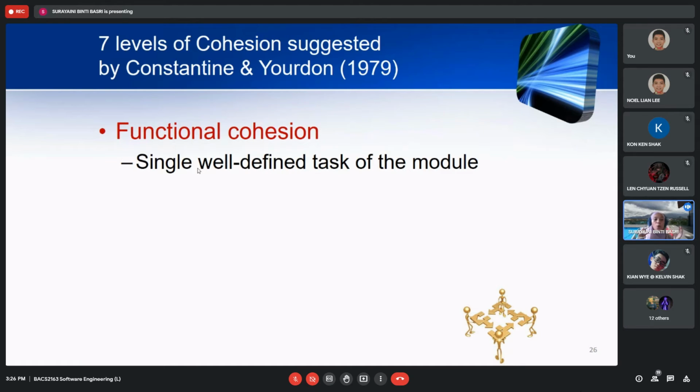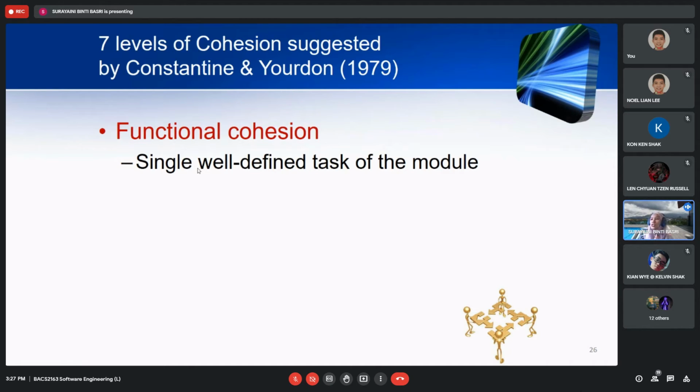So when you group modules based on their function and how relevant they are to each other, it is said that you are implementing functional cohesion inside your system.